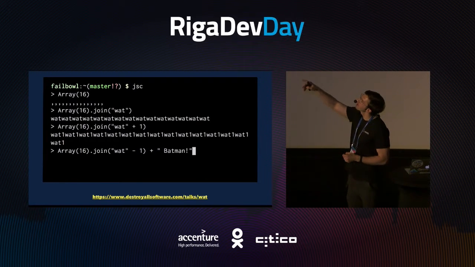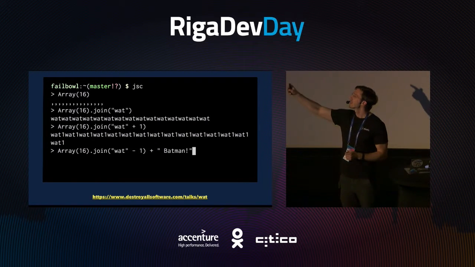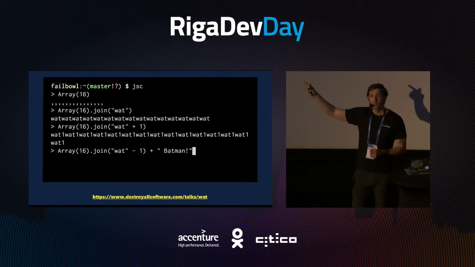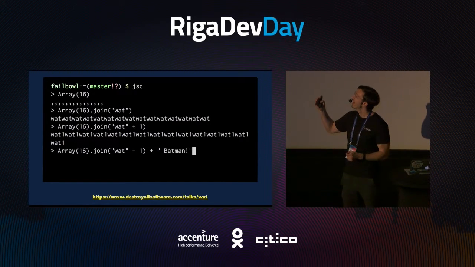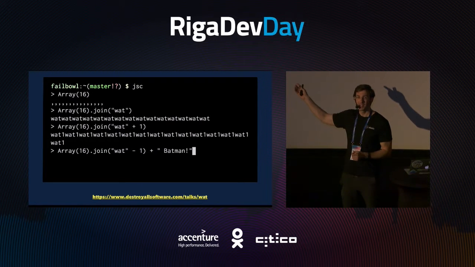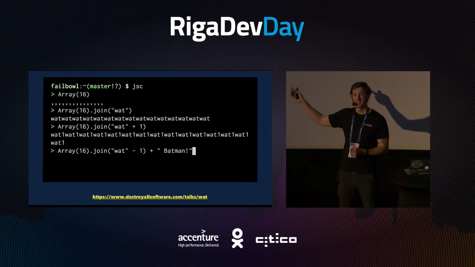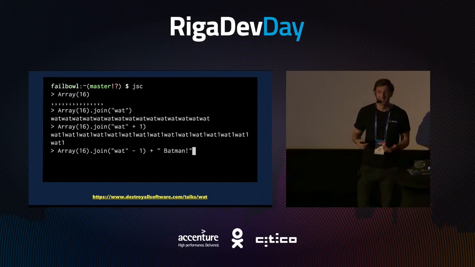So you have what1 16 times. And the thing is, if you subtract -1, -1 is not overloaded for strings, so it will try an actual subtraction. So what will be the result here? NaN, Batman. NaN for not a number.